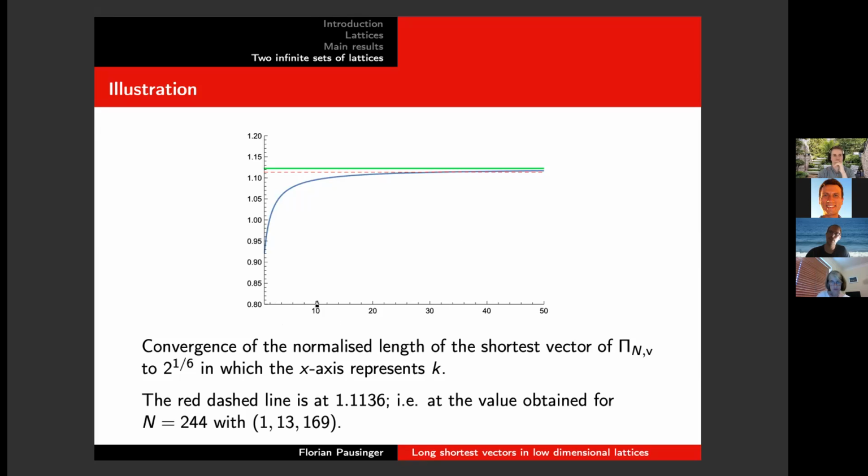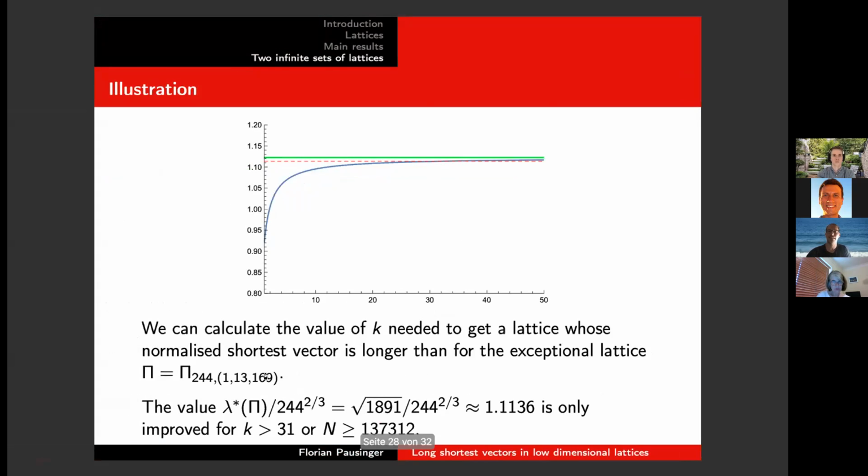But you see that you need to go up quite a bit before you actually improve this very particular lattice with 244 points. So one can work out the details, and one actually needs to go to k greater than 31, which is around here.